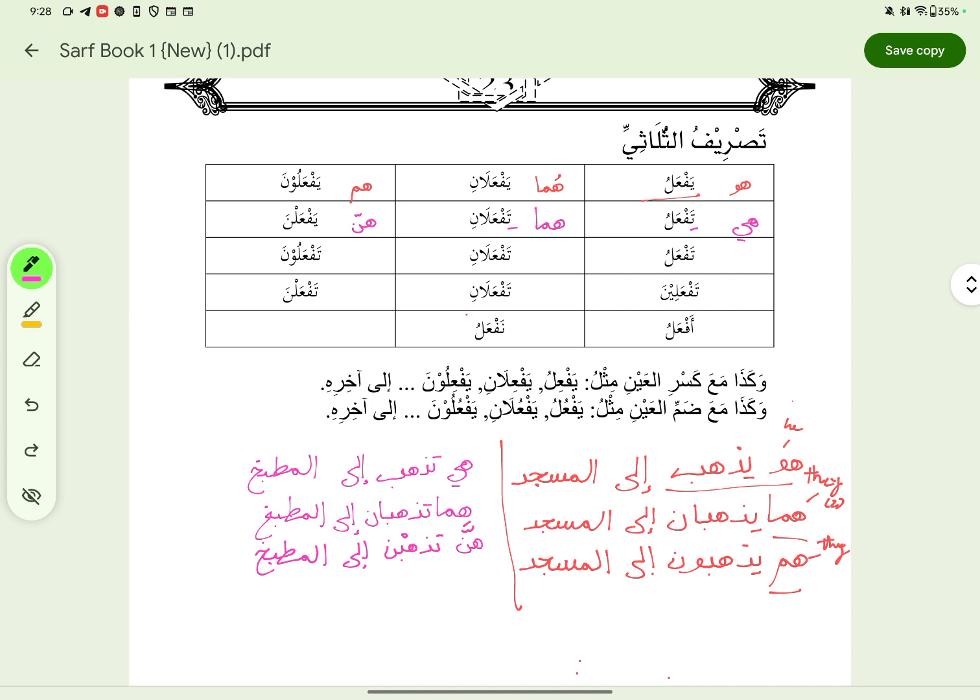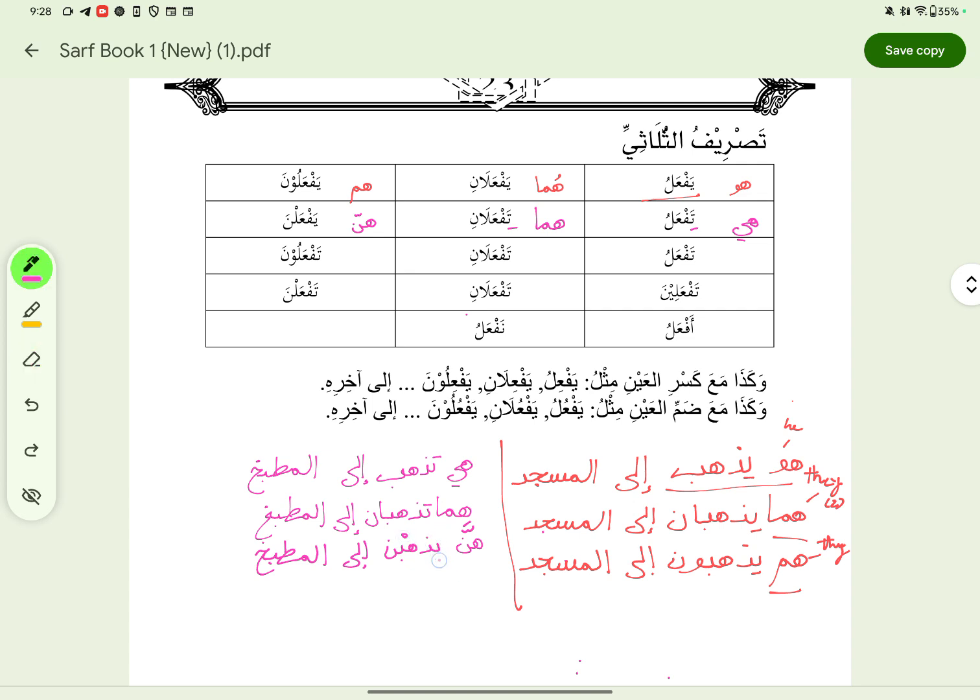Yeah, one question. In the female one, in the last one, they used habna, and in the male was with the wow.